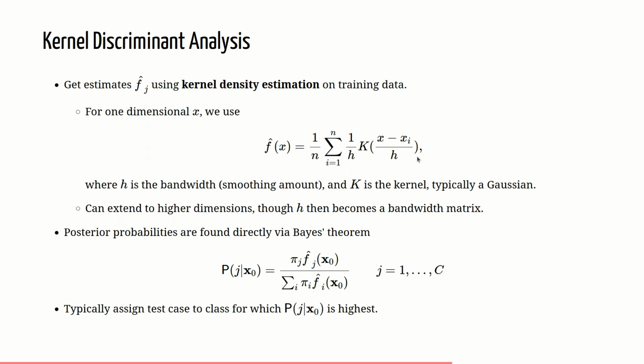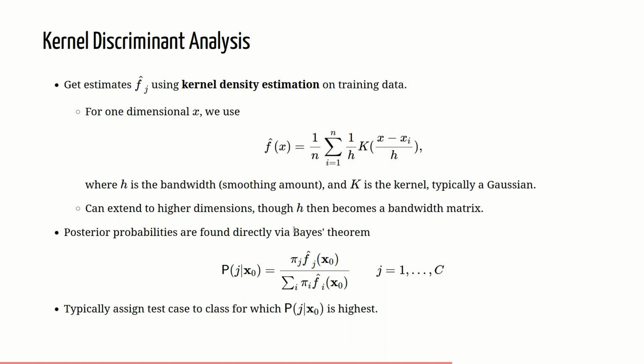It uses this formula here, so this is the maths if you like, where essentially what you do is you have a kernel which is centered on each observation, so xi's here are the observation, and has some spread h, so the h here is the amount of spread of the kernel, and then you average them. So you can see here that this is an averaging process, isn't it? We add them all up and divide by how many we have. So it's just the average of a bunch of kernels that are centered on the observations.